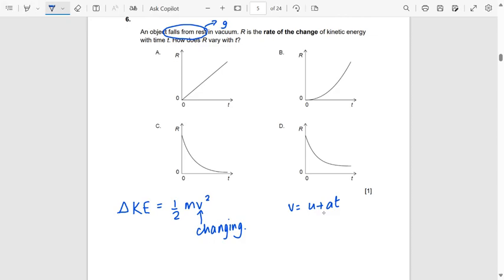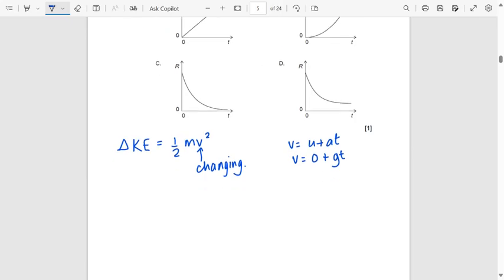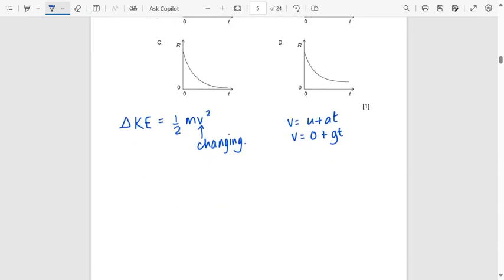We know that u is 0, so we've got 0 plus, I'm going to call it gravitational field strength, g, times t. So now I'm going to take the gt and plug it into this v squared. As I say, this one's quite tricky. So, the kinetic energy equals half m gt all squared.